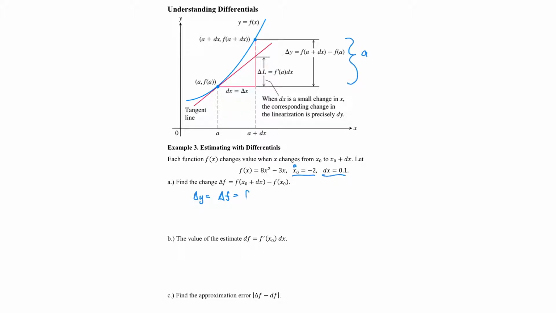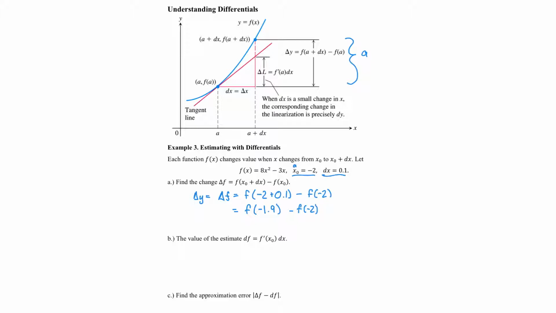That's as easy as asking, what is my initial x value? That was negative 2, and I add to that 0.1, and then I subtract from that f of negative 2. In other words, that would be f of negative 1.9 minus f of negative 2, and that's straightforward to compute.